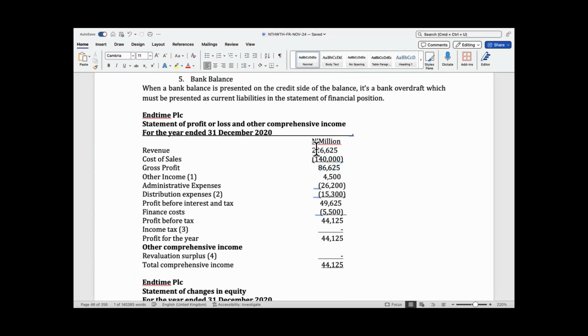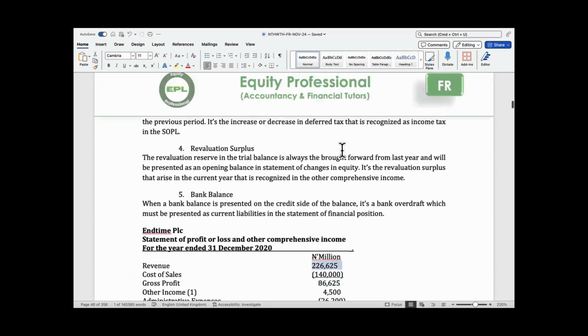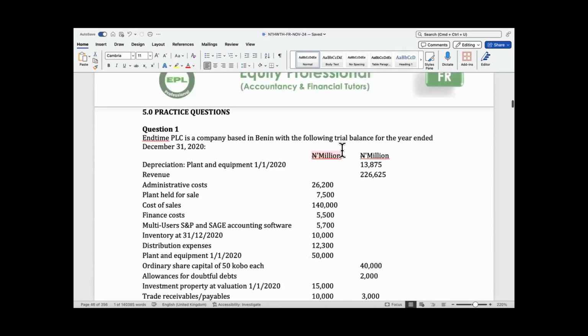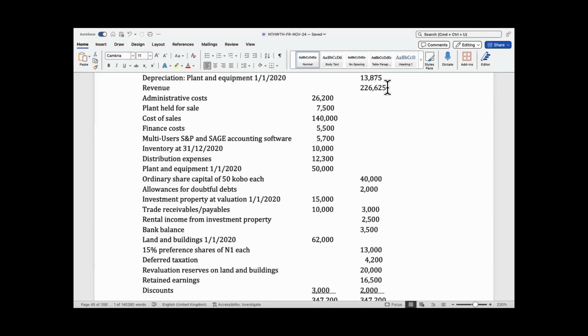And don't forget, if the question gives me returns inwards, I will remove that from my revenue. So may I ask you something? Let me use this to demonstrate.